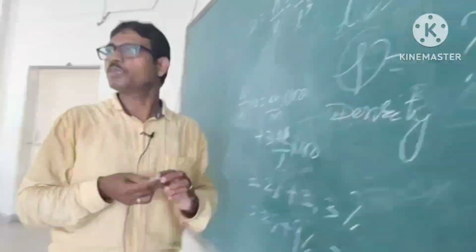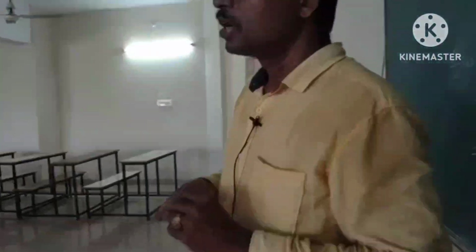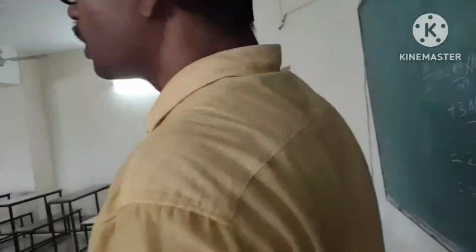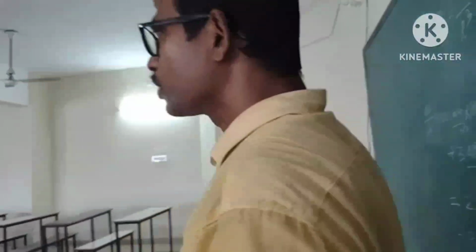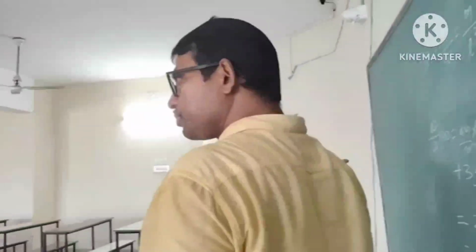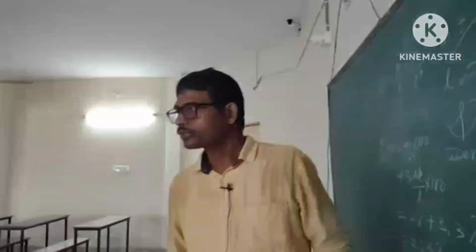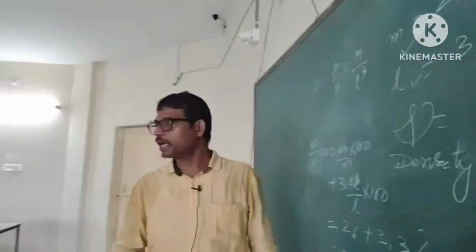This is the error in the measurement of a side while you calculate the density of a cube. Okay, this is the way how to calculate. Then another one. Those who are writing, please write quickly.